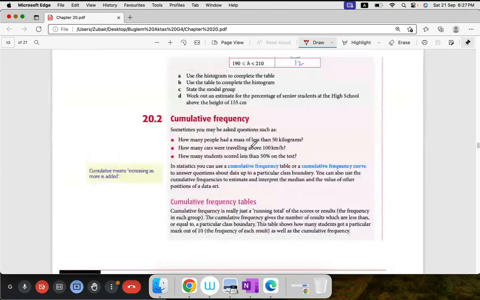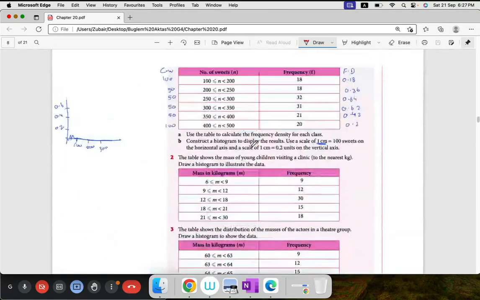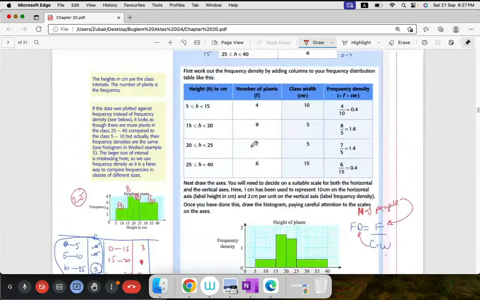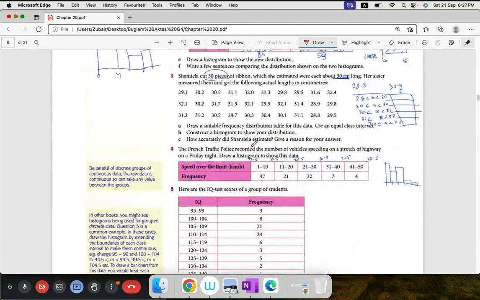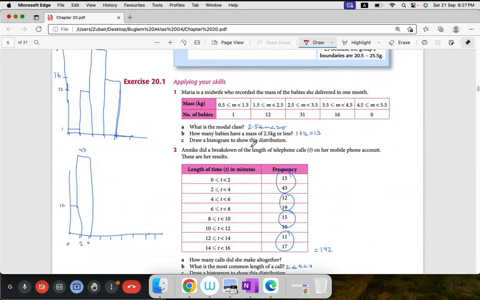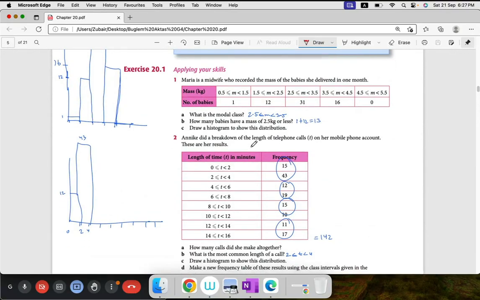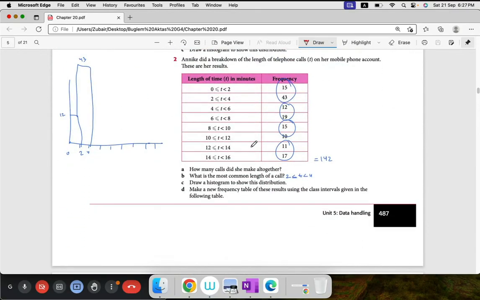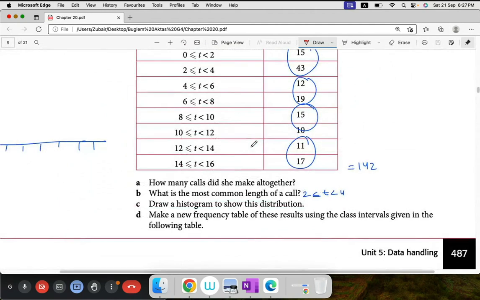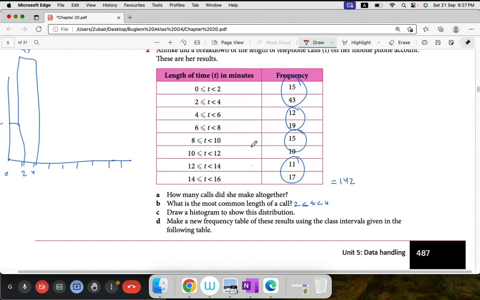Okay, I'll just use this same question to link it with cumulative frequency and then come back to the original page. Okay, let's use this one. If I would just ask how many students took less than 2 minutes, what would you say?